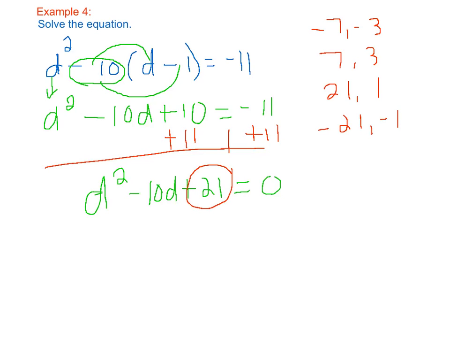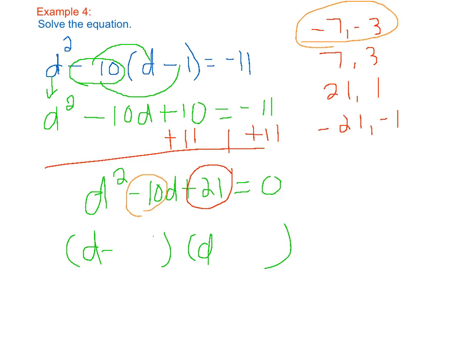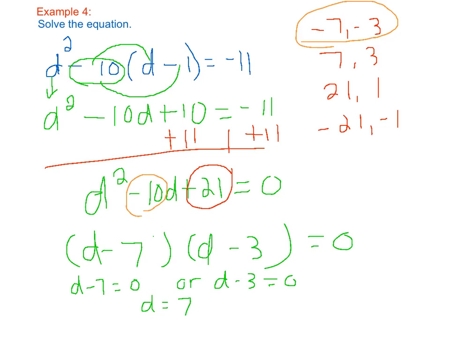Of those, you want to look to see which ones can we combine to get negative 10? Well, negative 7 and negative 3 do give me negative 10, so when we factor this out, I'm going to have my d's here, negative 7 there, negative 3 there, equal to 0. That means either d minus 7 has to equal 0, or d minus 3 has got to equal 0. So d ends up equaling 7, or d will equal 3.